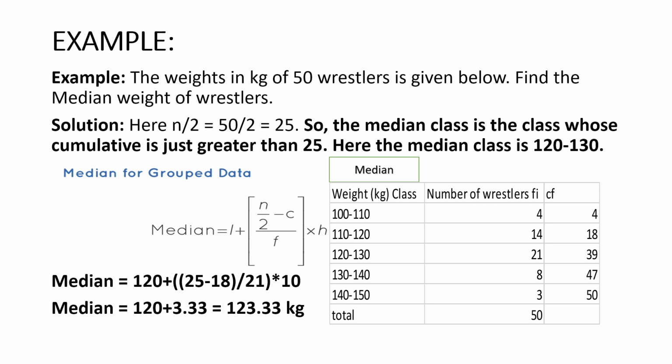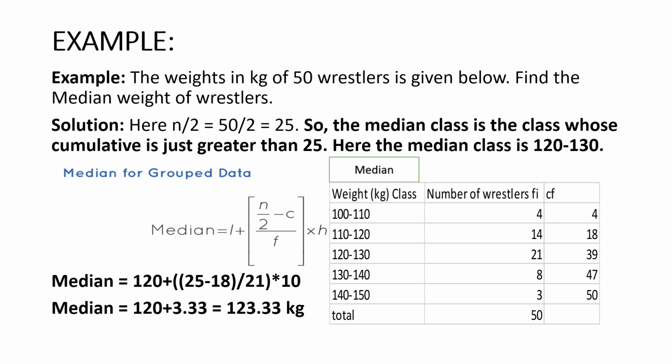We are given classes. That means the weight is given in classes and the number of wrestlers, which is frequency. First thing is you find cumulative frequency. How to find the cumulative frequency? For the first class, it is same as the frequency of the class. For the second class, it is the total of the frequency of that class and all the class before it.